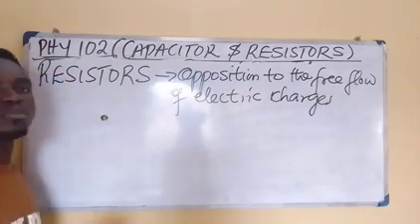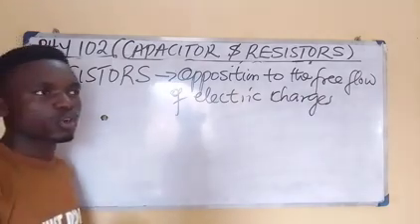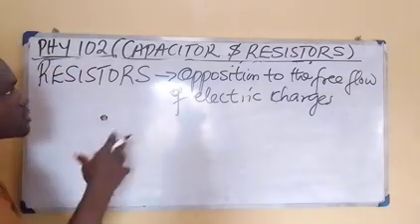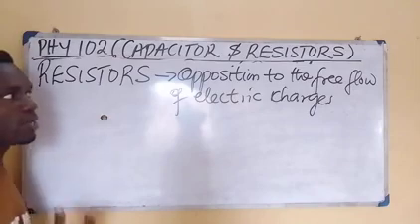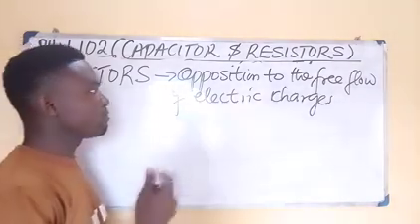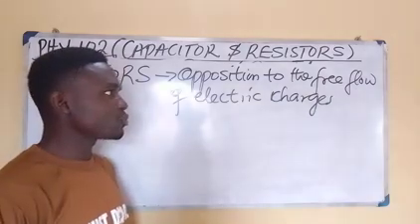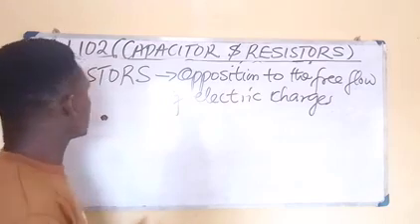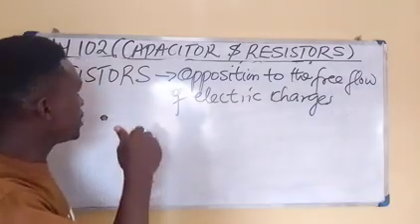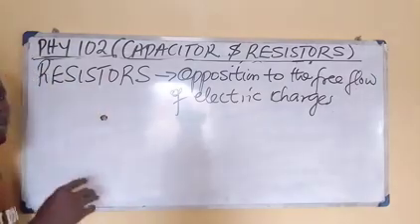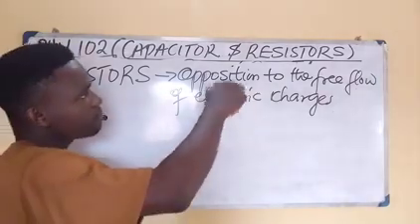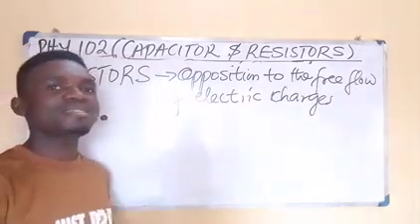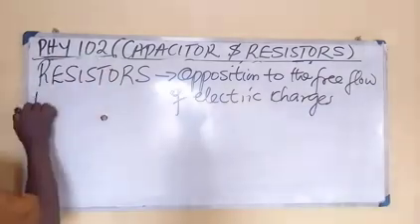To resist something means to oppose or to prevent or to impede. So resistors are materials that bring about the opposition to the flow of what? Electric charges. Then the ability of a resistor to oppose the free flow of electric charges, we call it resistivity.